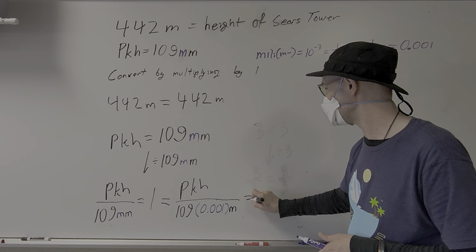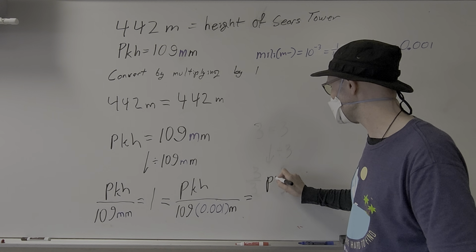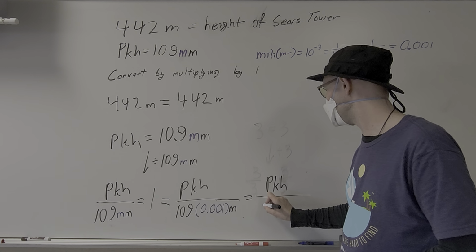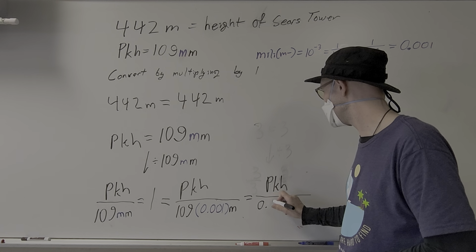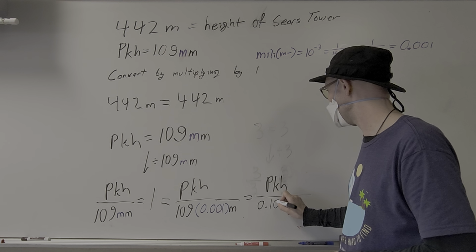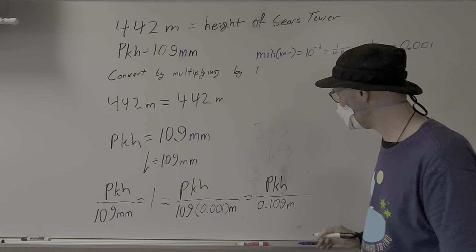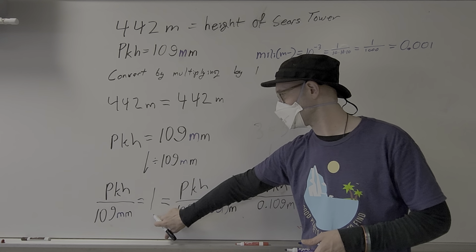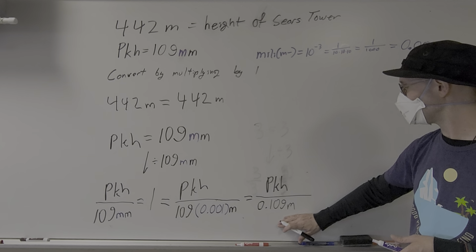And that simplifies to 1 percentile hand divided by 0.109 meters. Now that I have this, the value here is 1, that's what's important.